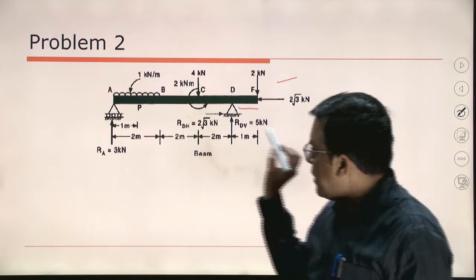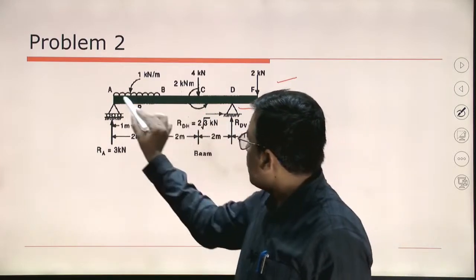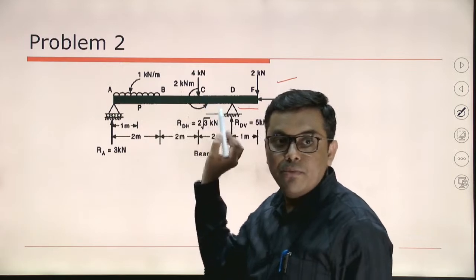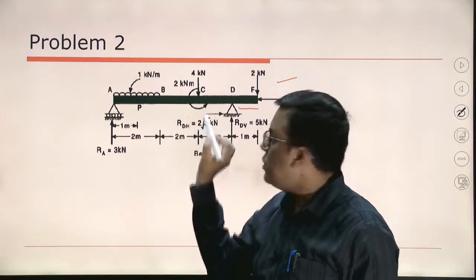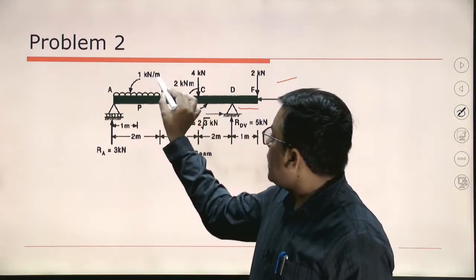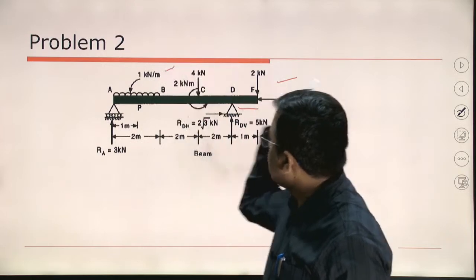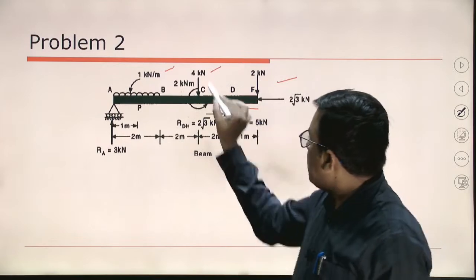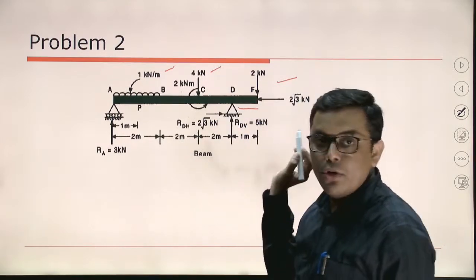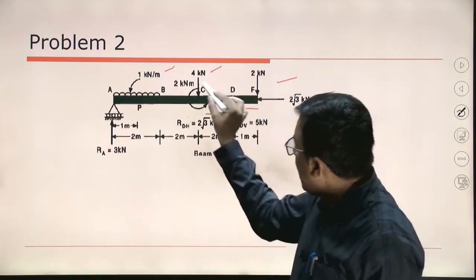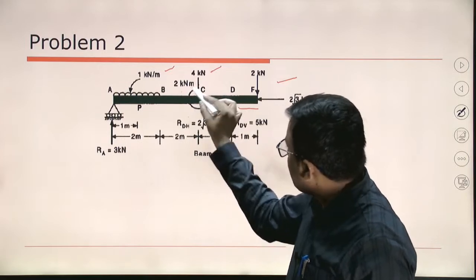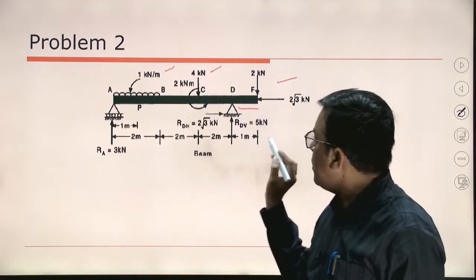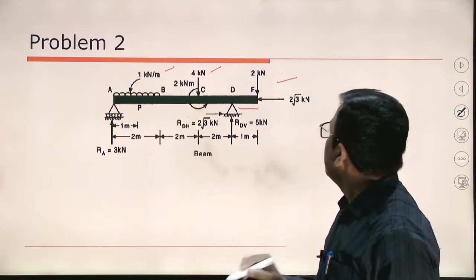It has different types of loads from A to B. It has a uniformly distributed load, UDL, of 1 kilonewton per meter intensity. At point C, it has two things: a point load of 4 kilonewton and a point moment of 2 kilonewton meter intensity.